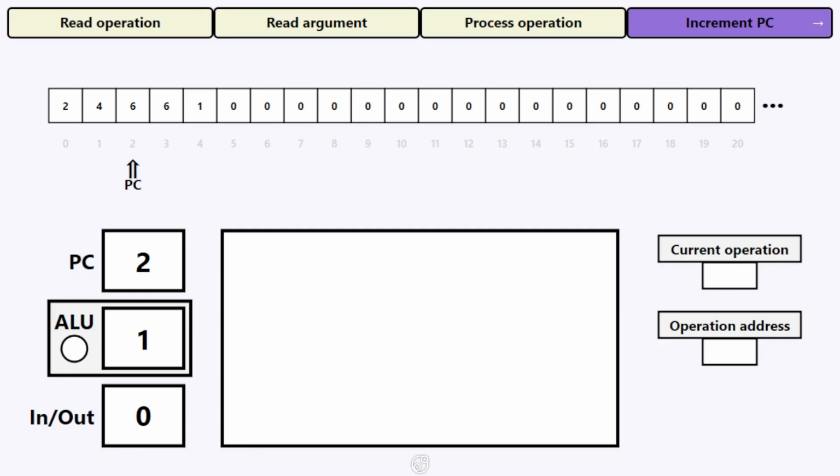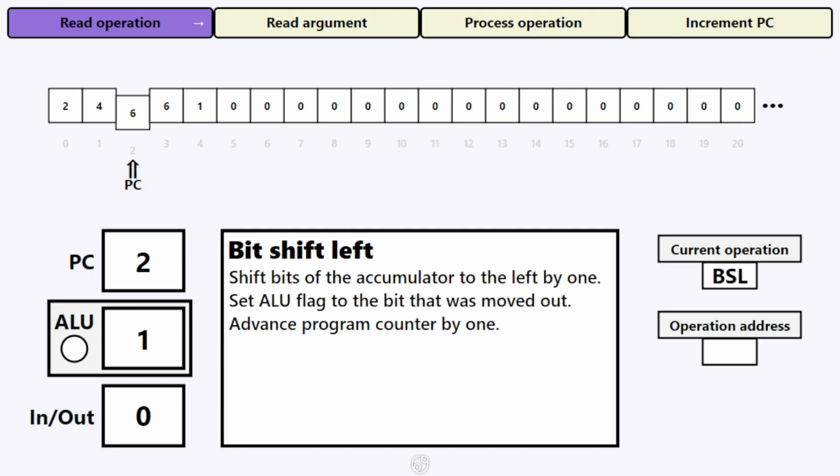That's 1. And now let's do a bit shift left. Right now the accumulator is containing a 1. And then we do a bit shift, which doesn't take any other arguments. And bit shift left means we take the binary representation of the number 1 and we shift all the digits 1 to the left.